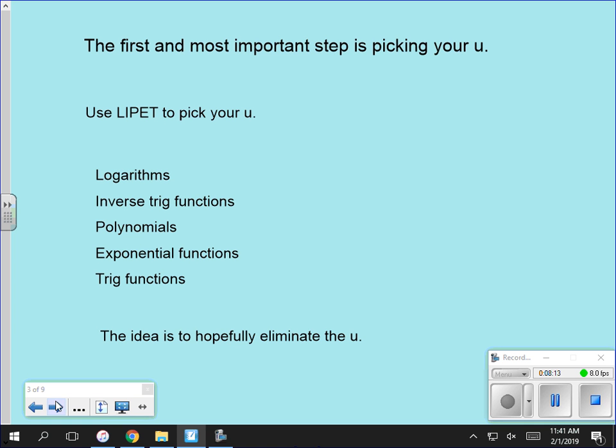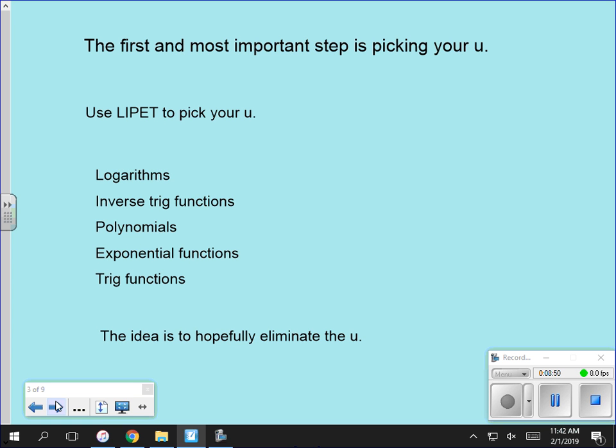Okay. The idea is you let them be your u, because when you take the derivative of those objects, they get simplified. When you take the derivative of a logarithm, what happens to the logarithm? It goes away. The logarithm itself goes away. You no longer have to worry about integrating a logarithm if you let u be the logarithm. If you have an inverse trig function, like the inverse tangent of x, the derivative of the inverse tangent of x is 1 over x squared plus 1.